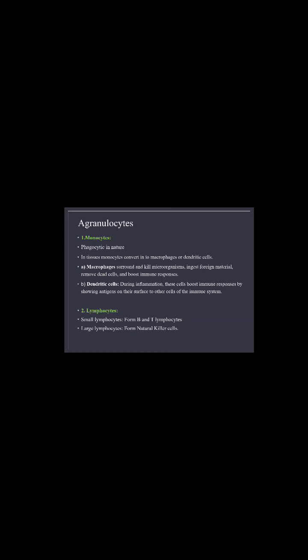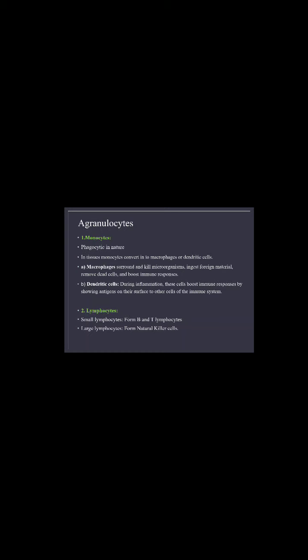They detect antigens like bacteria, viruses, and they also coordinate both innate and adaptive immunity. Innate and adaptive you will study later on. So they coordinate both innate and adaptive immunity because they detect the antigens like bacteria and viruses or any pathogen.